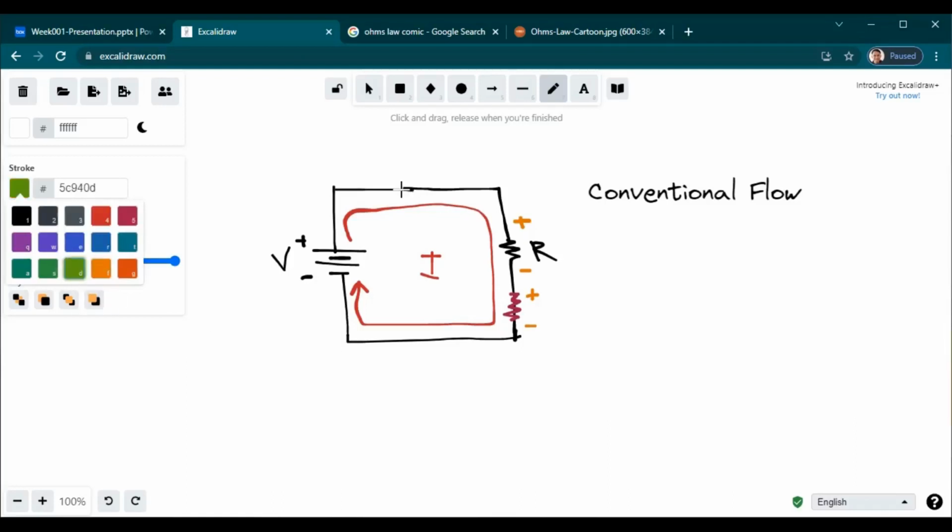Let's add an inductor here. This is the schematic symbol of an inductor. So this side, the current will go in, so this side will be positive. The current will go out, so this side will be negative. Okay, so that is what we call the sign convention.